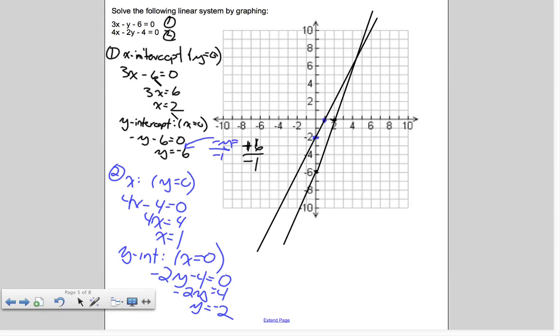So it looks like my point of intersection, this is why it's a lot better for you guys with your rulers and your pencils. Does it cross right around here? 5 comma 7? Or is it 4 comma 6?